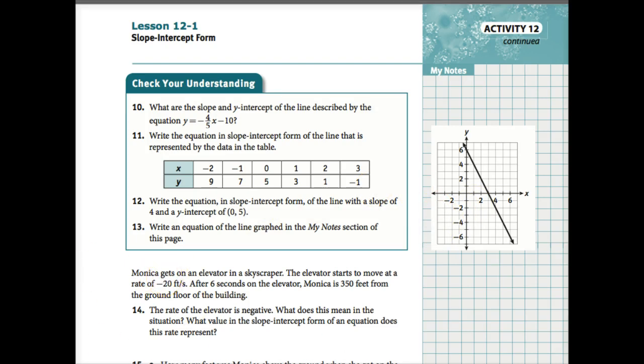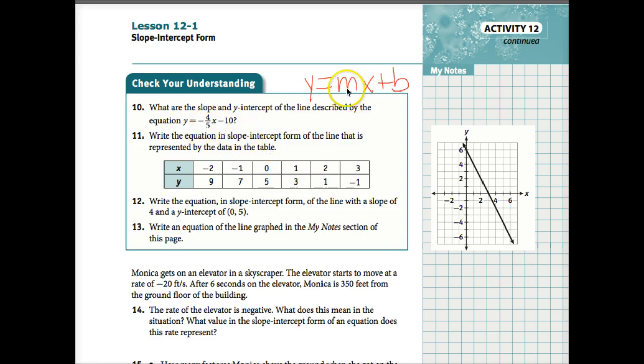All right, so let's check the work that you did here. Number 10, what are the slope and the y-intercept of the line described by y equals -4/5 x minus 10? So remember that our slope-intercept form of the equation of a line is y equals mx plus b, where m is slope and b represents the y-coordinate of the y-intercept.